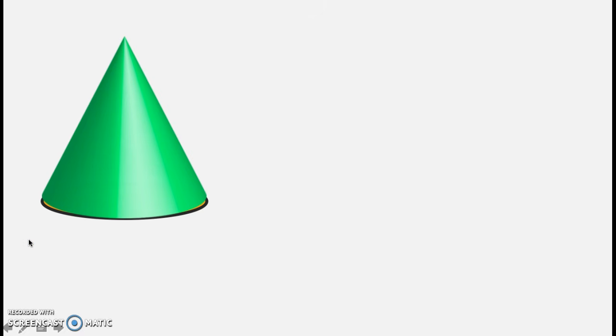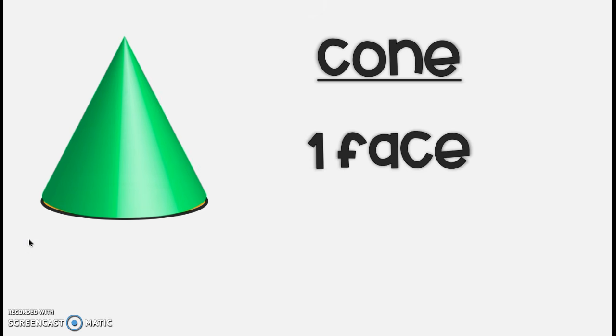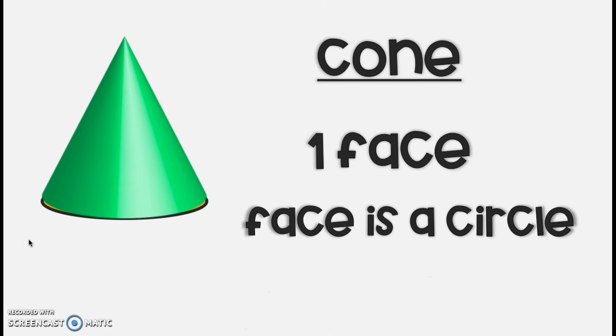A cone is this shape. You should remember that because if you flip it over, it looks exactly like an ice cream cone. Be careful, cones make you hungry. All right, the interesting thing about cones is that they have one face. In this case, it's underneath it. If I were to stamp that cone in a stamp pad, I would see that the face is a circle.